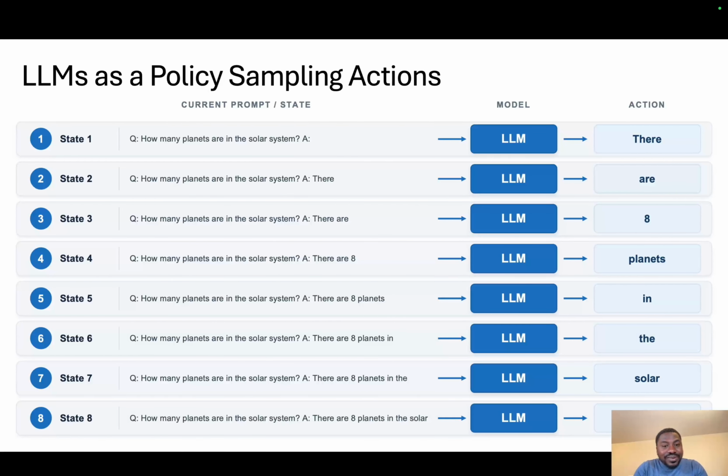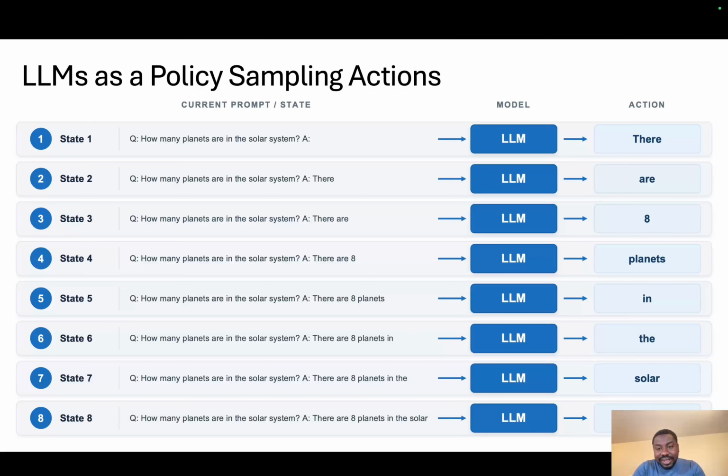This is one of the things that makes LLMs really interesting, and why we need pre-training before the RL can work. If you think about it, at every single step here, and this is 8 steps, the LLM has possibly 200,000 tokens to pick from, let's imagine it has a vocabulary of 200,000 tokens.